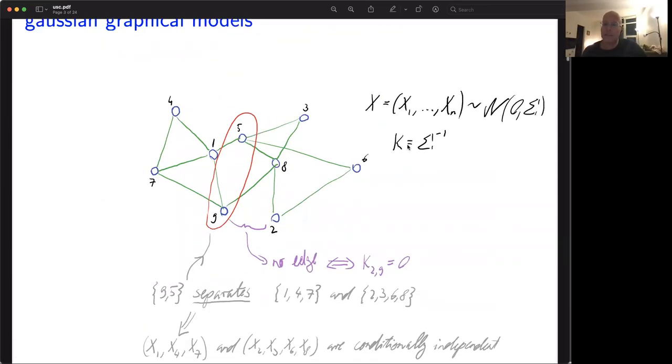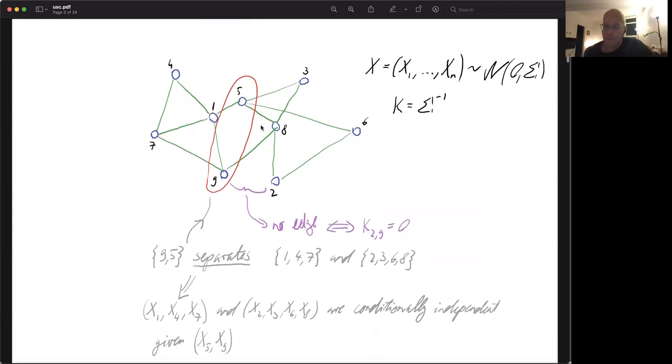So even if x is not Gaussian, if it's an arbitrary vector, this matrix, this graph is interesting because if you want to know what's the best linear regression function of x_i given all the other random variables, then it is true that it's just the neighbors in this graph.